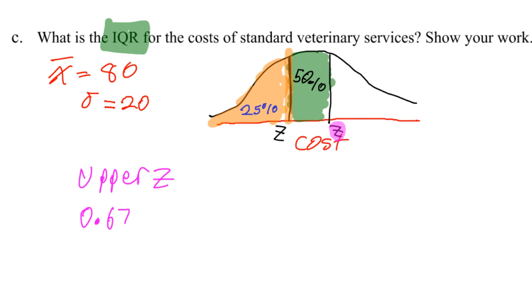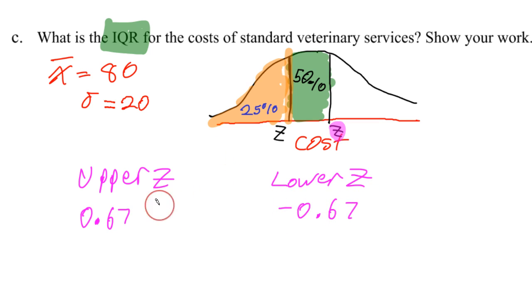So that is going to be this number right here. The question now is, how do I get the lower z-score right here? I look at my z-score table and now I want the area that's just the orange part of this picture. Going to my z-score table, the lower z-score is negative 0.67.